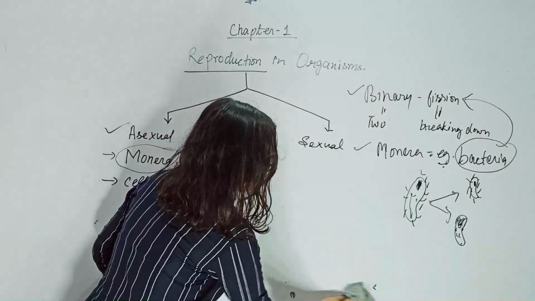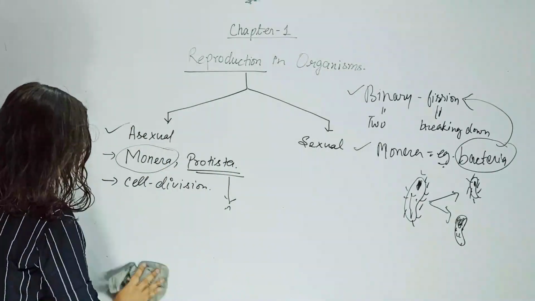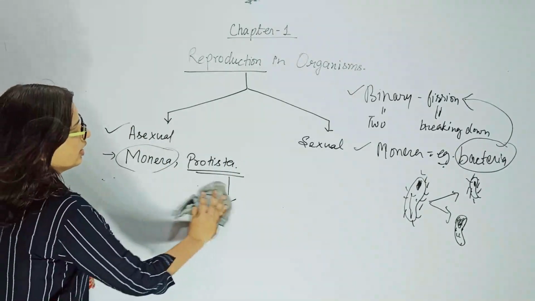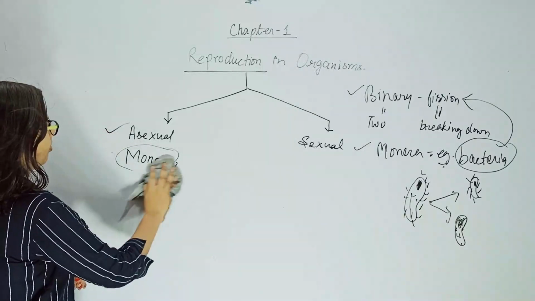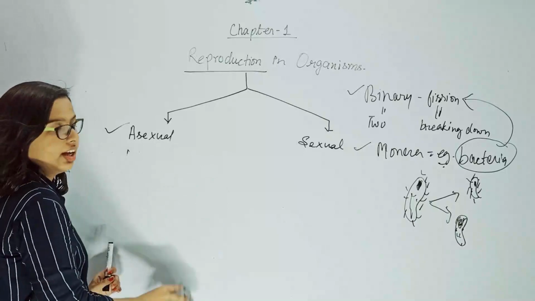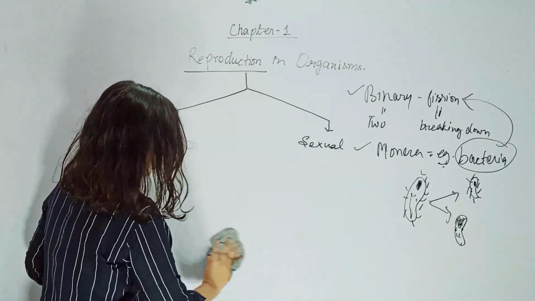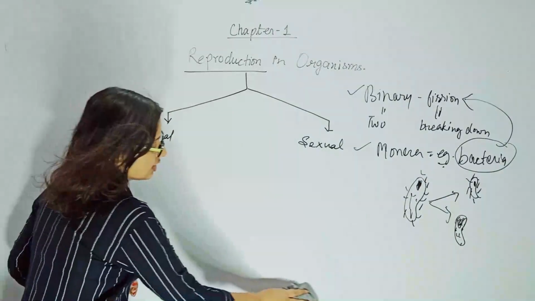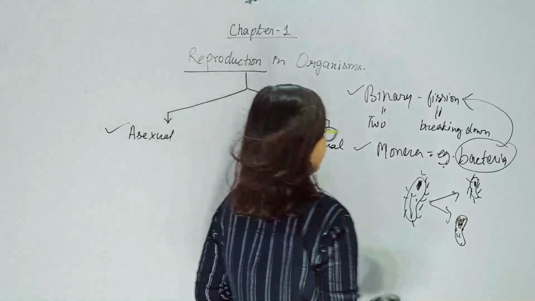The asexual structures such as zoospores. Zoospores are mainly found in algae and fungi. And in case of simple plants, the asexual structures are tubers, runners, suckers, etc.